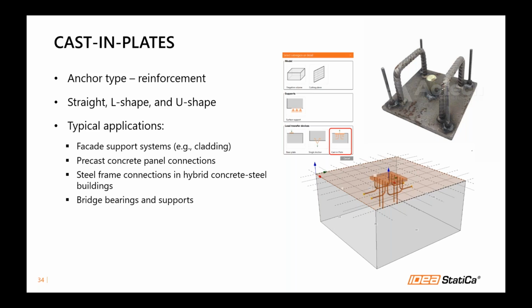Once you define the cast-in plate, you define the anchors as either straight, L-shaped, or U-shaped. The anchorage type for anchors is considered as reinforcement.